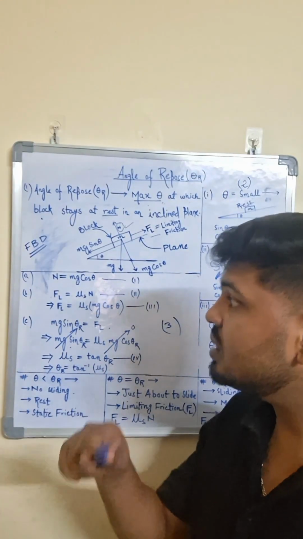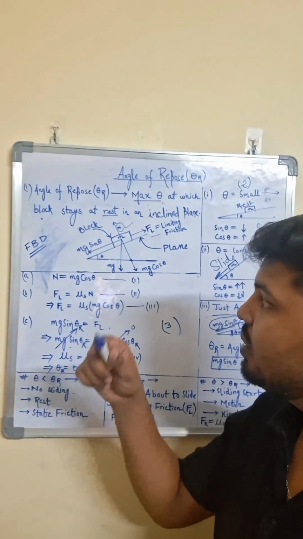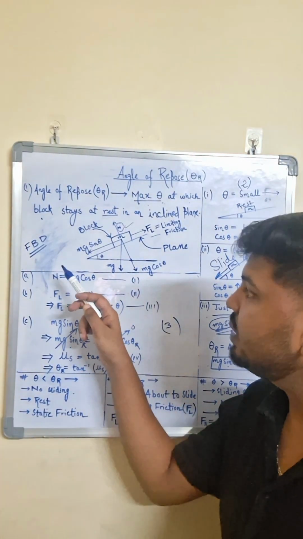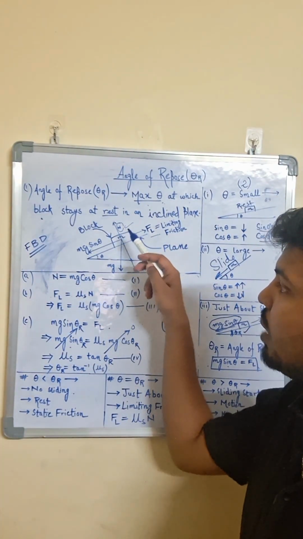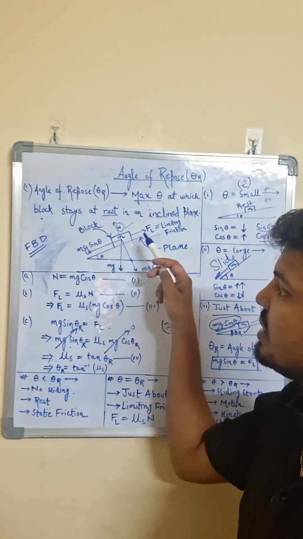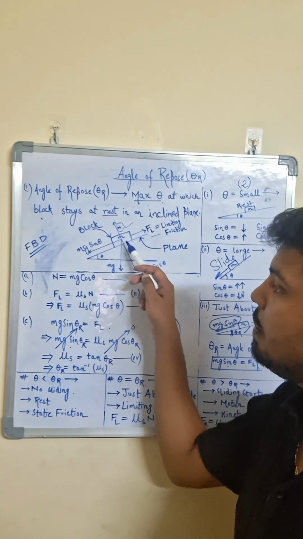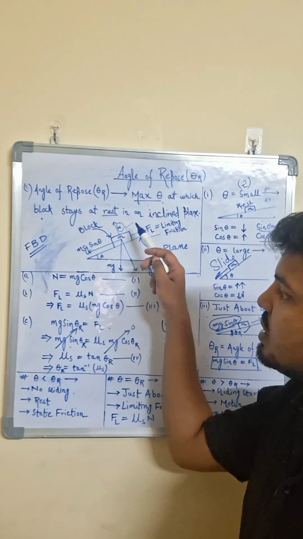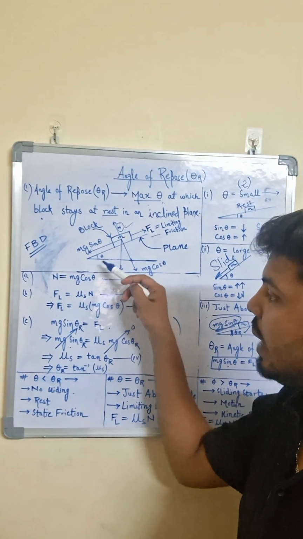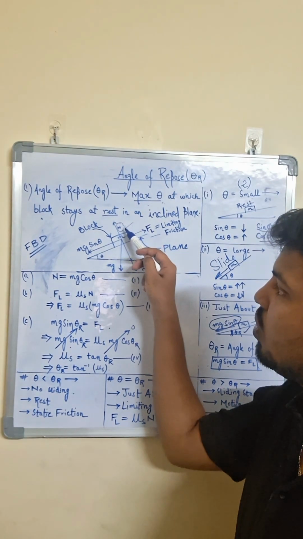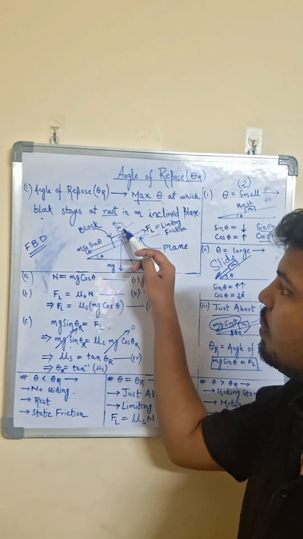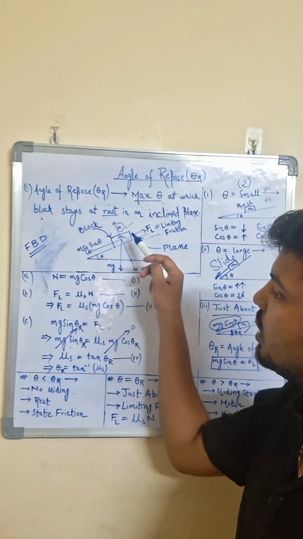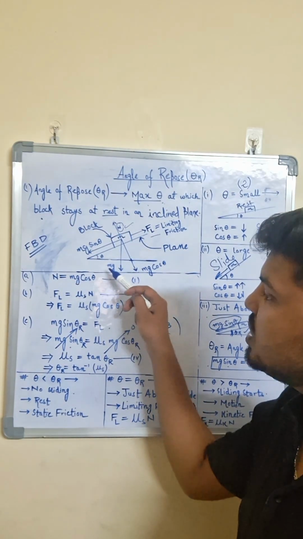Now we will see the example that I have just given with the free body diagram. I have taken the plane and kept the block of mass m. The plane will exert a normal reaction perpendicular upwards, denoted as N. The block will itself exert a weight mg downwards.